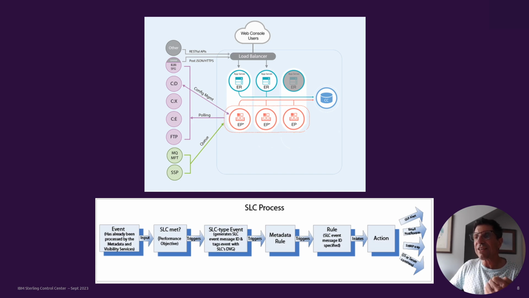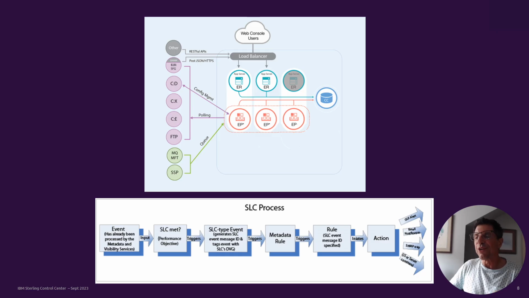But as the event comes out of the metadata rule service, it also goes, and I missed one step, there's the data visibility group. It's not in this picture, but that's because it would not have been used during the SLC processing.